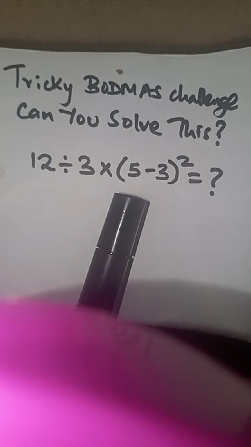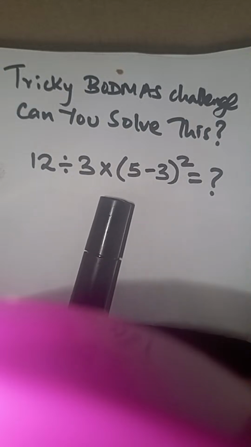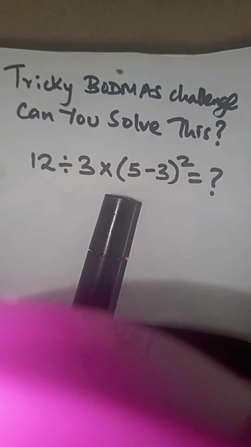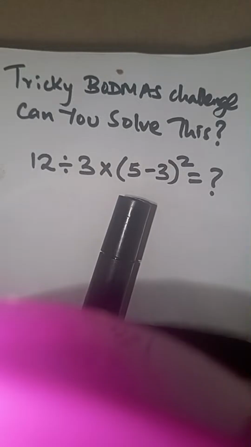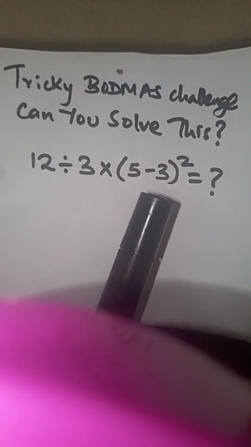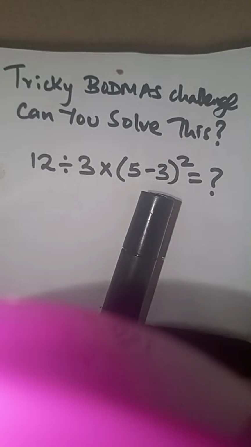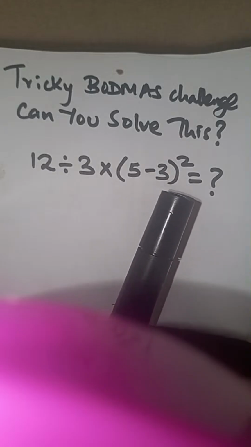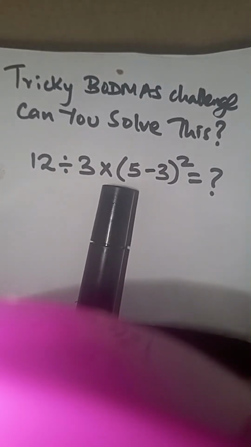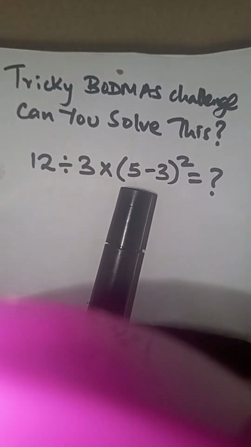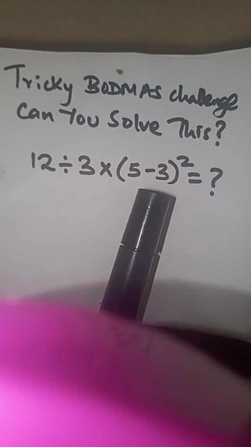Secondly, we go to division, which is 12 divided by 3. I'm gonna get 4. And then thirdly, for M, we're gonna multiply 4 by 4, which is 16, and the final answer you're saying it is 16.